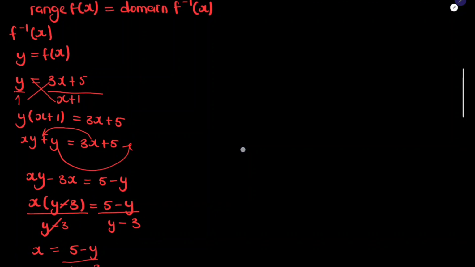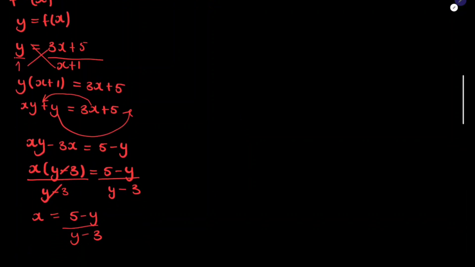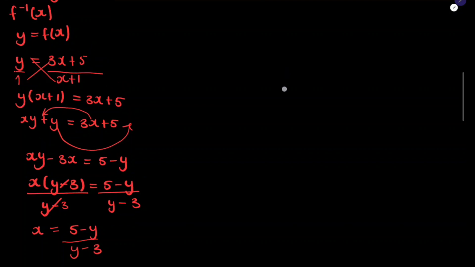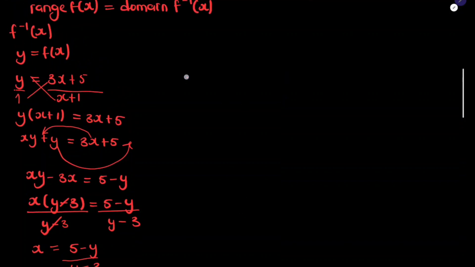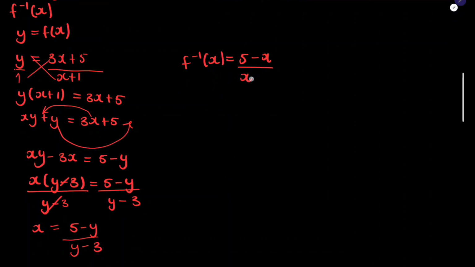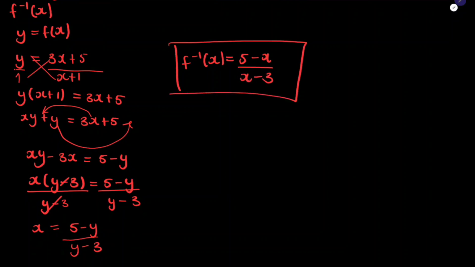So from there now, we are going to replace y with x, everywhere. So from there, we can conclude that f inverse of x is equal to (5 - x) divided by (x - 3). So this is our f inverse of x.